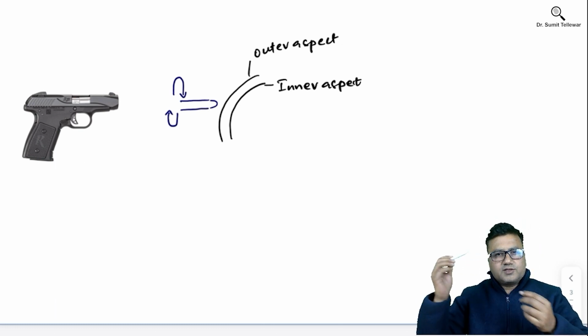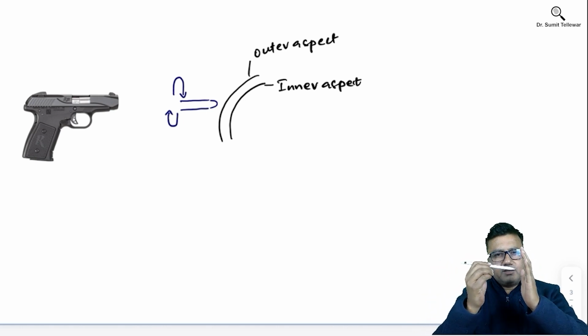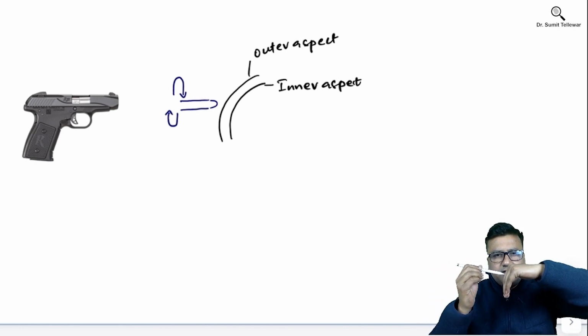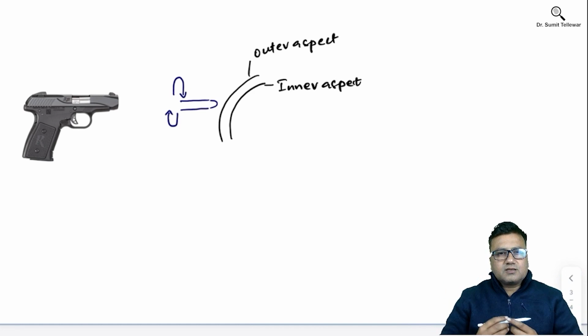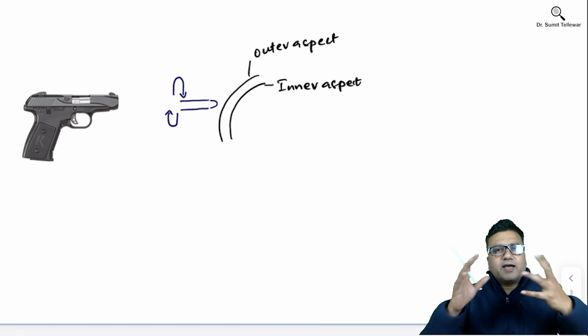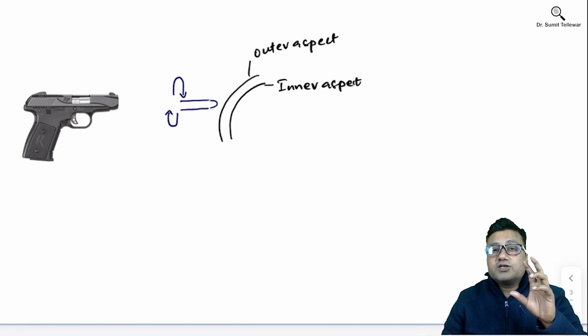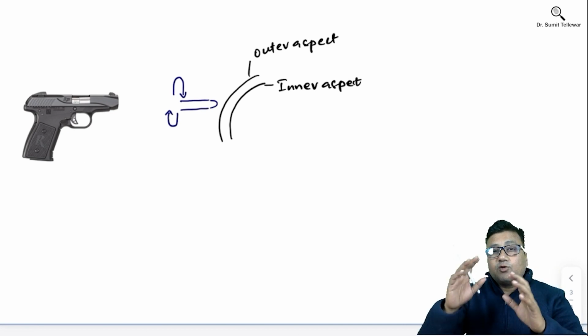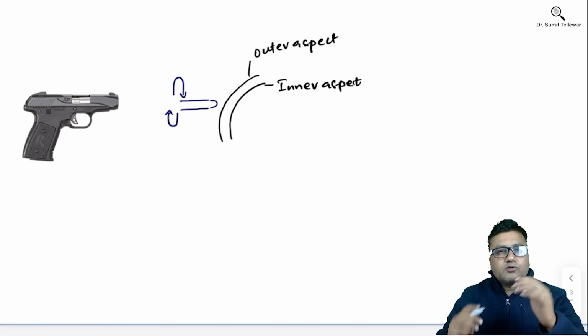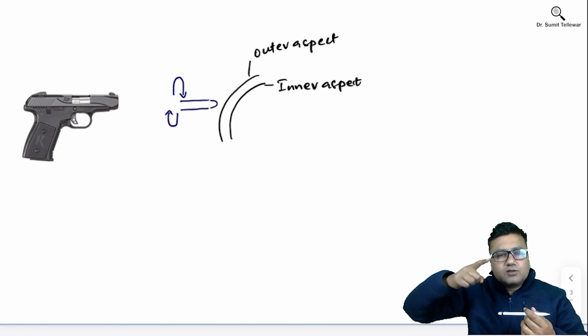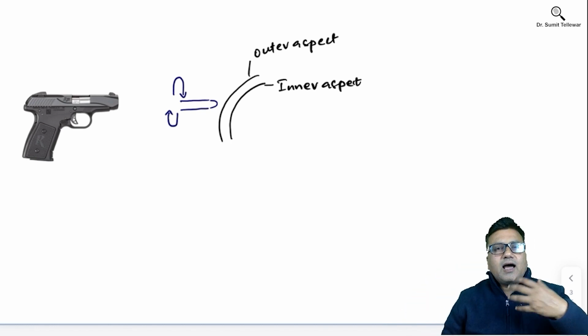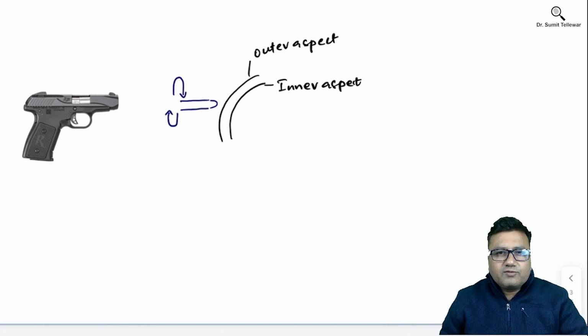Now this bullet which is moving to hit the curvature of the skull, right, it is moving on its axis. So consider this action like a drilling machine, जो ड्रिलिंग मशीन हम यूज करते हैं वॉल में ड्रिल करने के लिए, राइट? So it drills through the outer curvature of the skull.